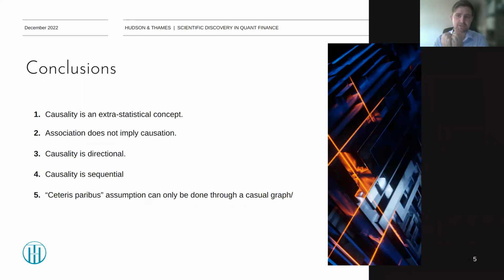You can control for each variable. You can maybe change one variable and see how the whole system then reacts to that. And then also, the ceteris paribus assumption can only be done through a causal graph. So if everything else stays the same and you change certain variables, how do they react to one another in the chain?